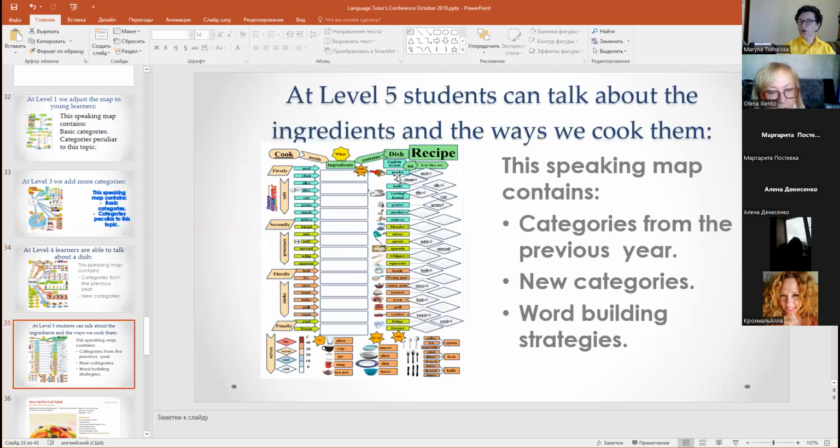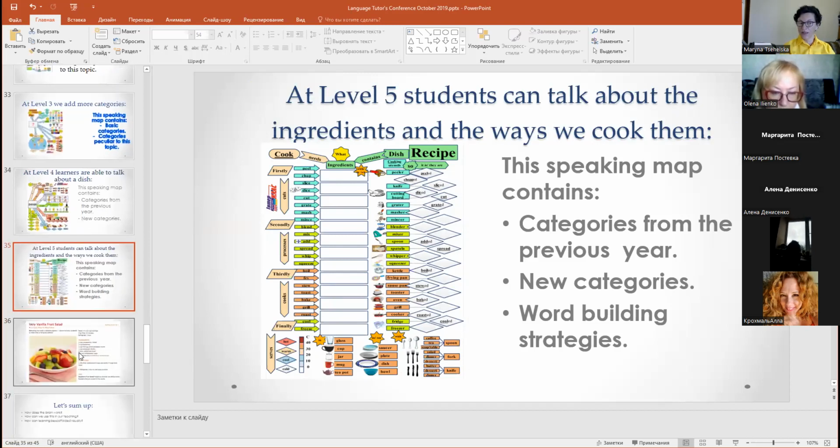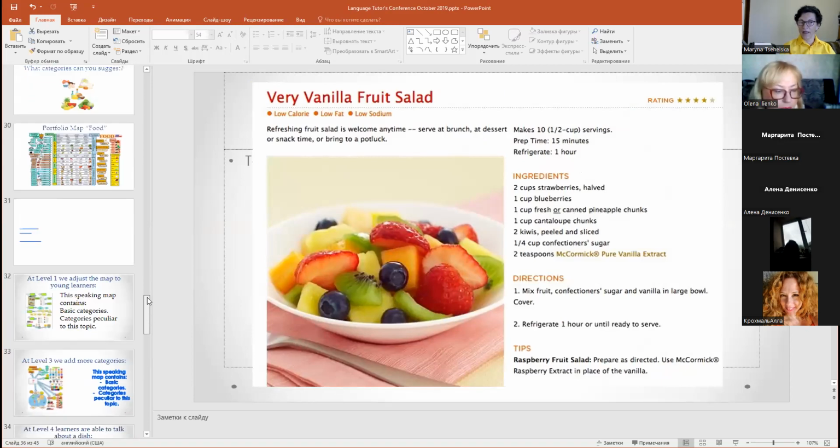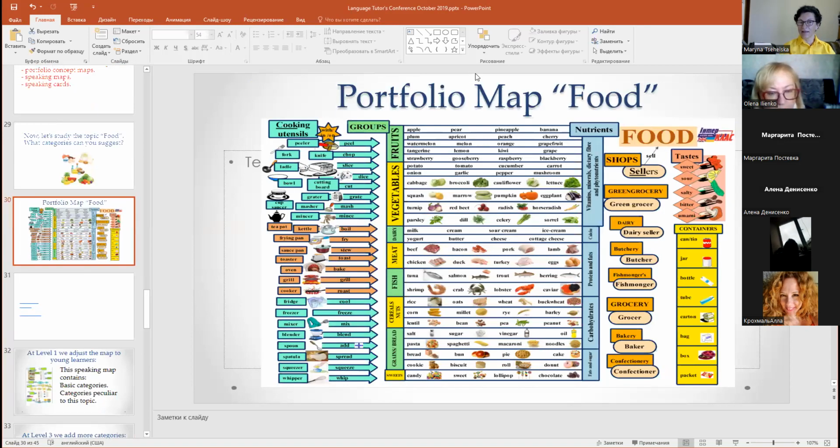Then they will talk about recipes and how to cook and how to serve food. And finally, they will be able to write simple recipes. But what is more important, they will be able to retain all this vocabulary in their heads.